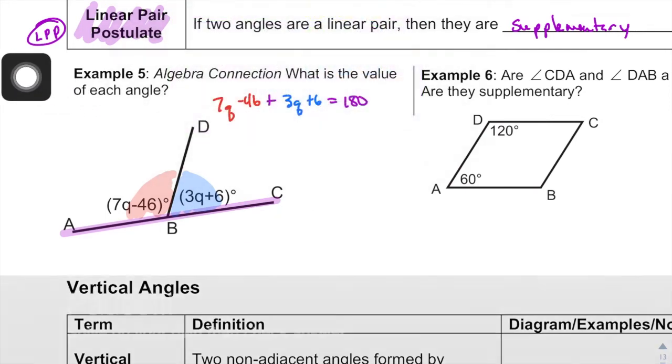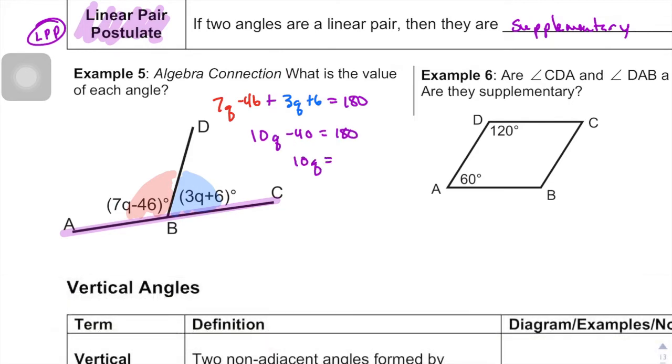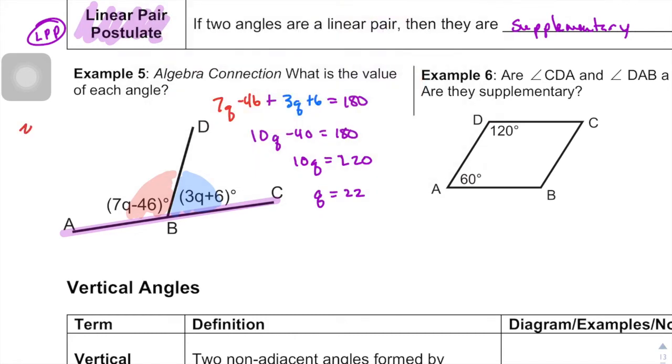So cleaning up our algebra, we've got 10q equals 220. So q equals 22. Then we substitute back in our q to figure out our missing measures. The measure of angle ABD is 7 times 22 subtract 46.